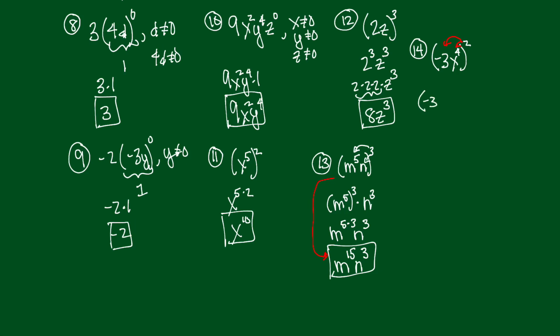I'll get negative 3 squared and then x to the 4th squared. Now, negative 3 squared, negative 3 times negative 3, is 9. And the x to the 4th squared, I'll show it, but you know what you're going to do. You're raising a power and multiplying those exponents. So here's what we're going to get: 9x to the 8th.